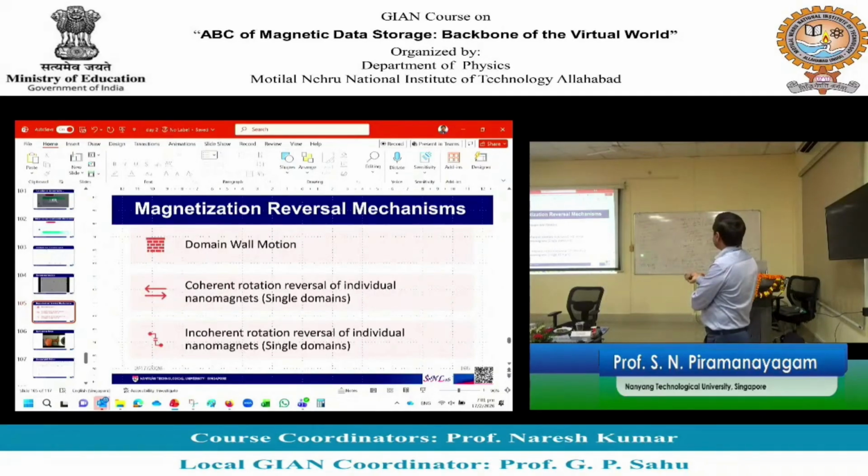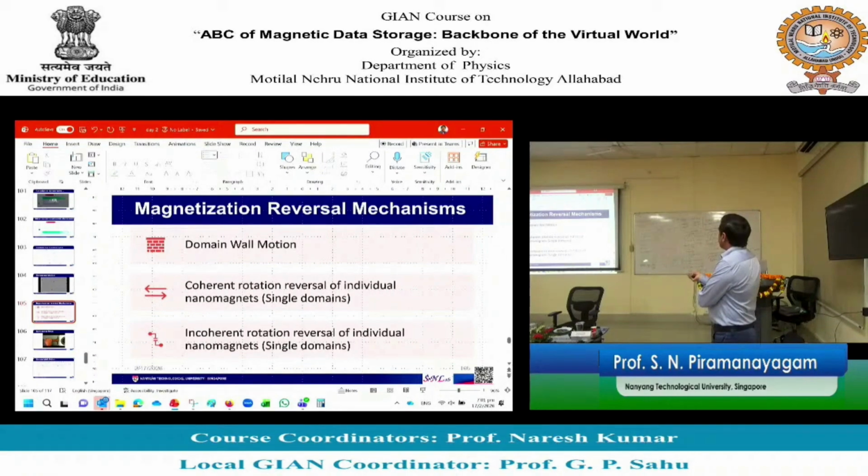In the case of ferrimagnetic material, it is the same criterion as the antiferromagnetic material, but the two spins are of different magnitude. S1 can be larger than S2 or S2 can be larger than S1, but S1 is not equal to S2, the magnitude is not the same in ferrimagnetic materials.